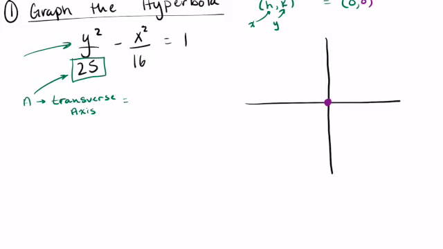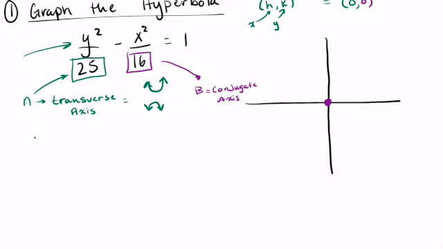It also tells me that because y is positive, my graph is going to open up and down, or vertically. That tells me that my b value is underneath my x, and this is my conjugate axis because it's negative. Okay, so with that in mind, what I want is simply to find the value of a.